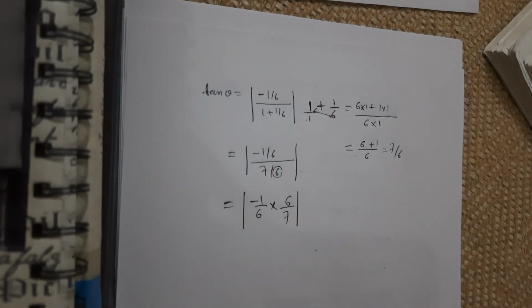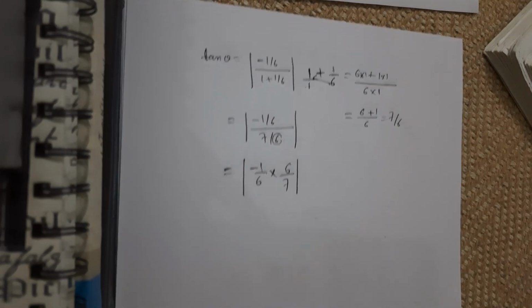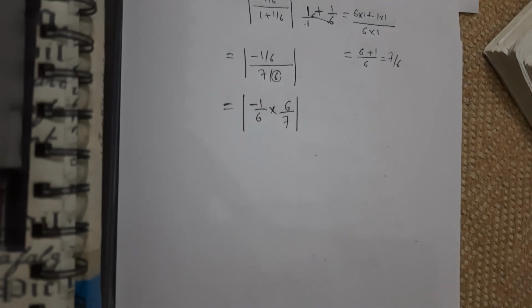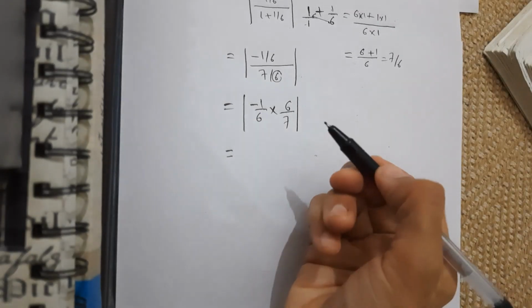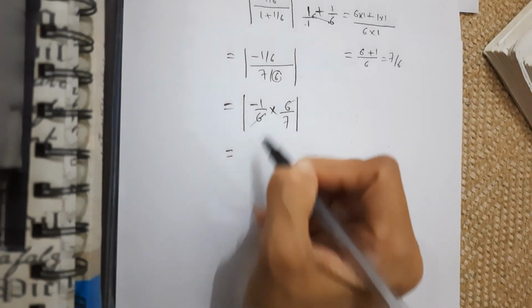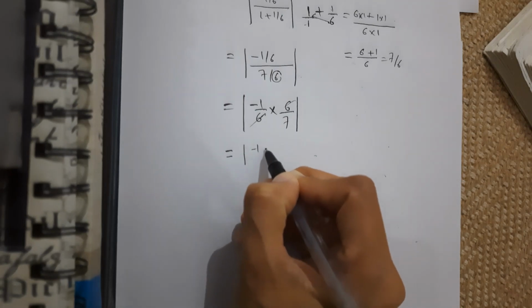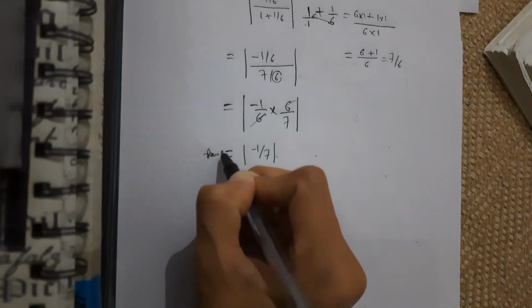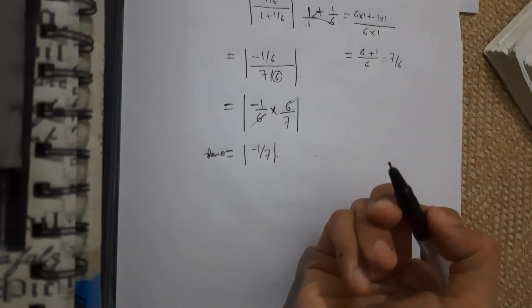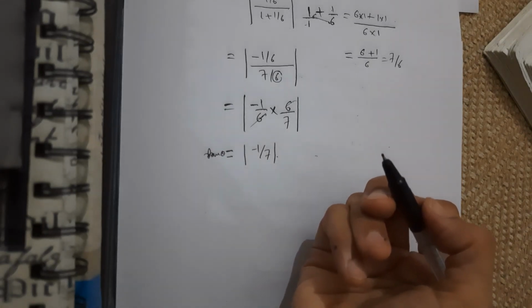All these things we have already discussed in the revision of fraction lecture. So if you don't understand, just go back there and watch the lecture again. Now 6 gets cancelled. What I get? Minus 1 by 7 is tan theta.